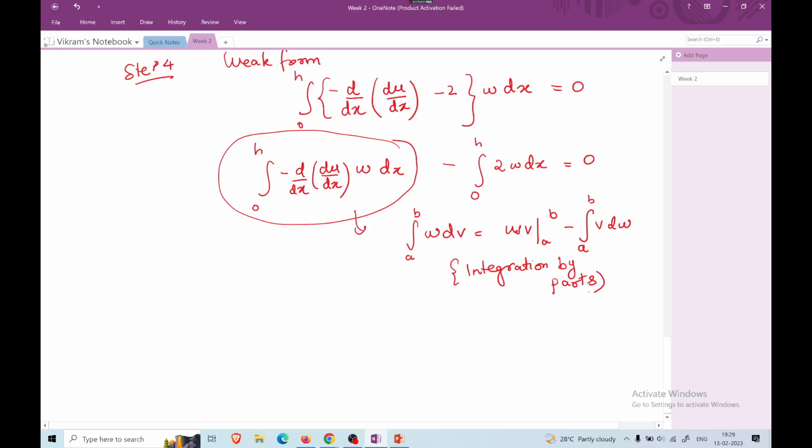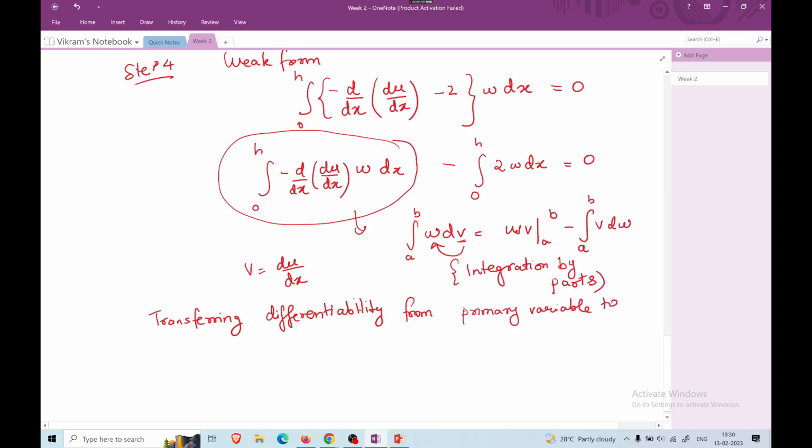I am trying to transfer the differentiability from the primary variable to the weight function. So v in this case is nothing but du by dx.